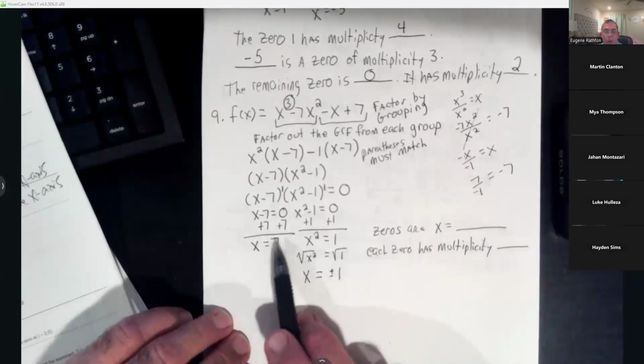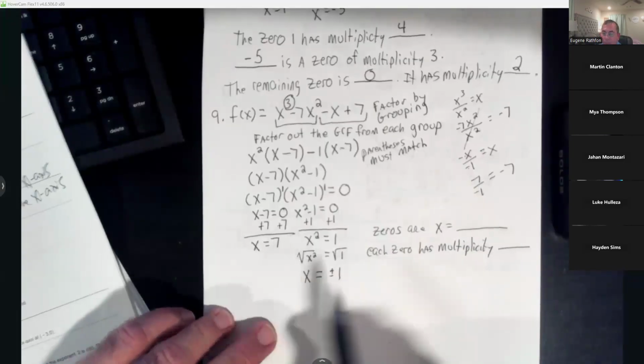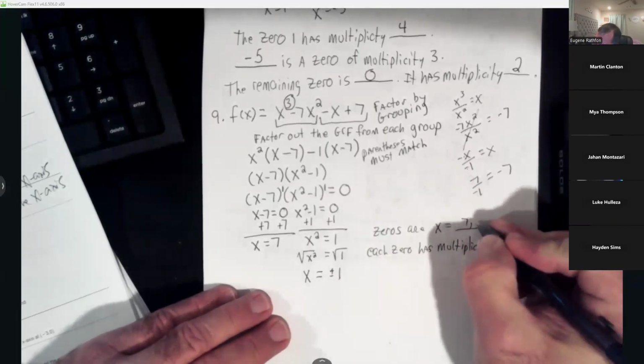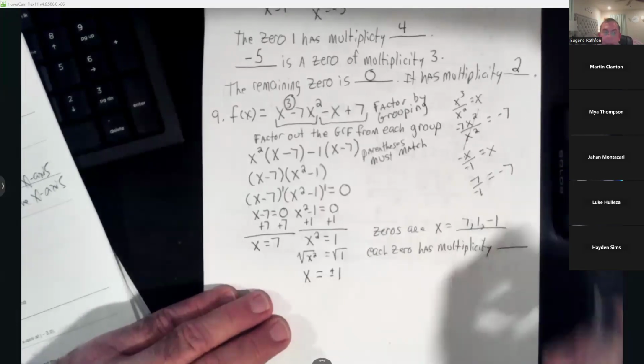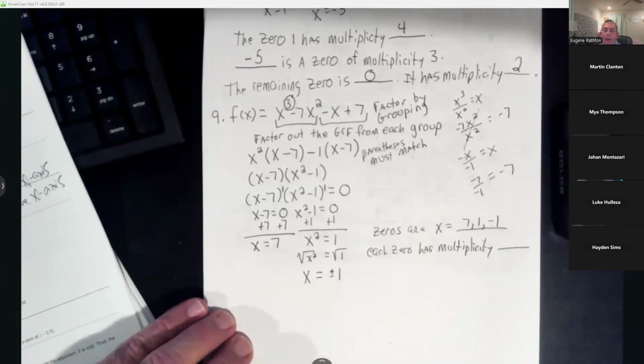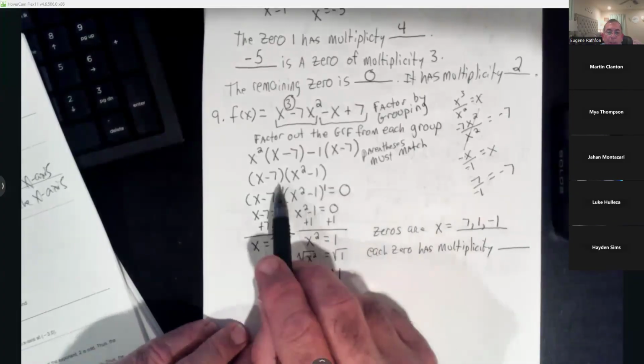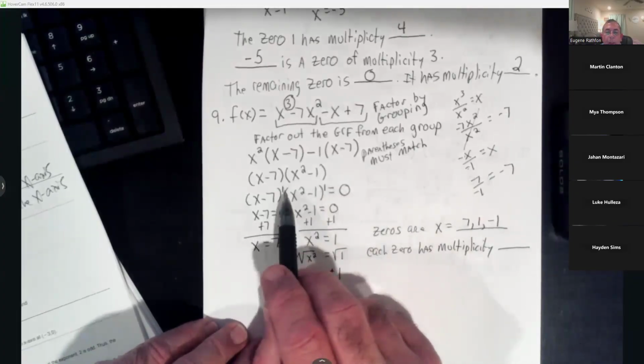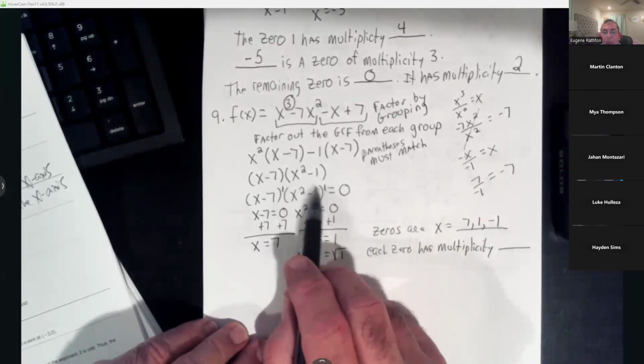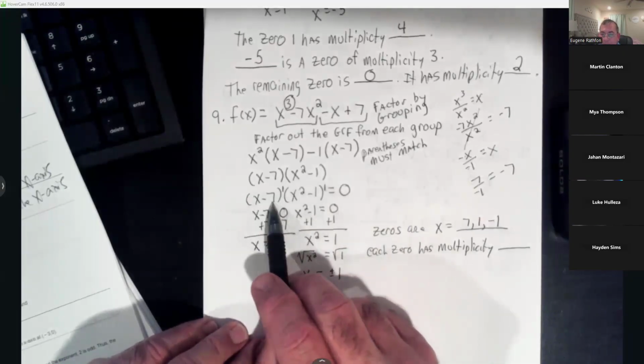For my zeros, well, y'all, here's my 3 zeros. I got a 7, a 1, and a negative 1. Each had a multiplicity of 1 because 1 is the exponent that was outside those parentheses.